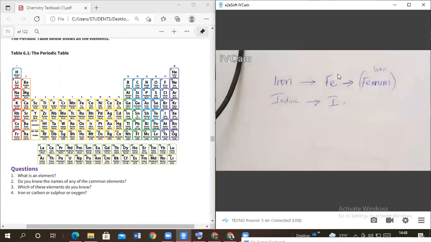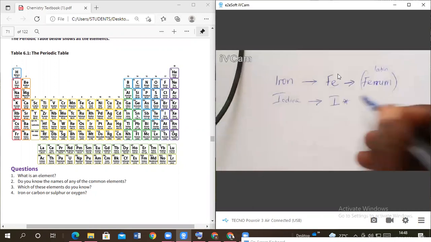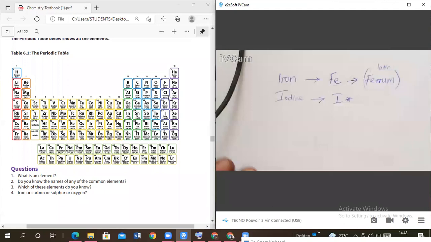Other symbols are got from a Latin name. Ag is argentum, that is the name. There are many others, but the most important ones are the first 20 elements of the periodic table. Once you get to know them and their symbols, chemistry will be a little easier for us.